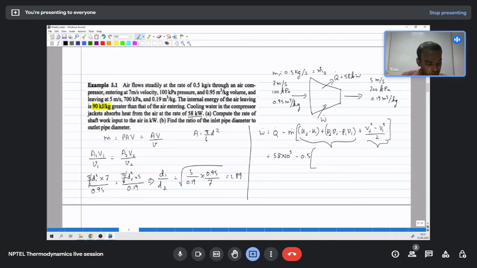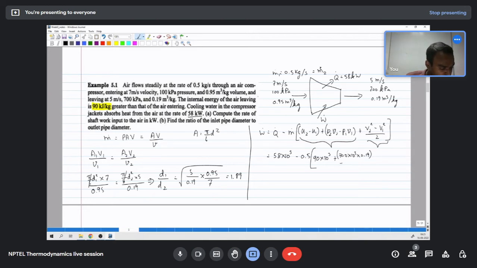So U2 minus U1 is positive 90 kilojoules. I would write it as 90 into 10 power 3 plus P2 V2. P2 is 700 kilopascal, 700 into 10 power 3, and V2 is 0.19.